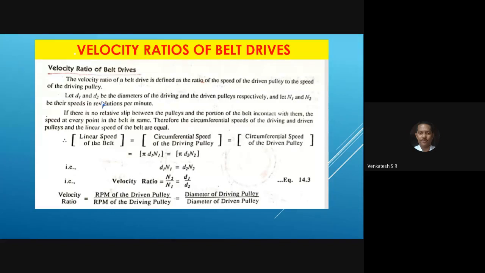Whether on the driving pulley or on the driven pulley, the speed of the belt remains constant. For that reason, all of you write down, therefore, linear speed of the belt, keep this sentence in the square bracket.